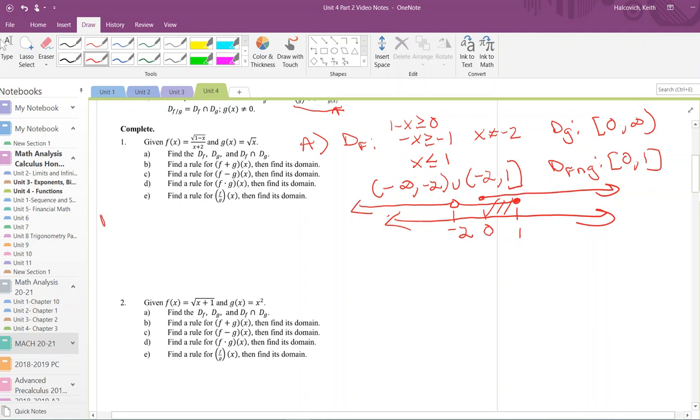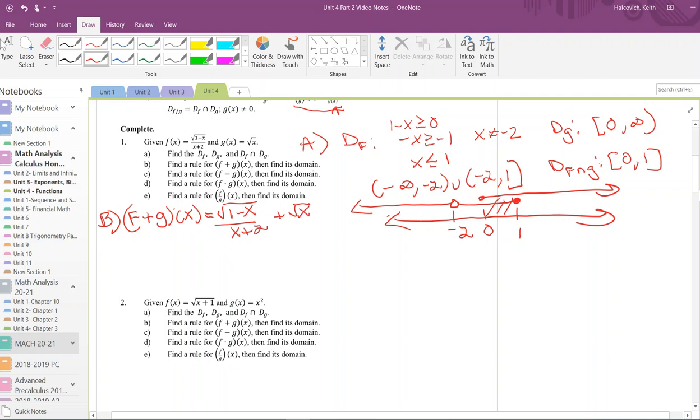So for part B, it says to add the two functions together. So that means you're going to add the square root of 1 minus x over x plus 2 plus rad x.